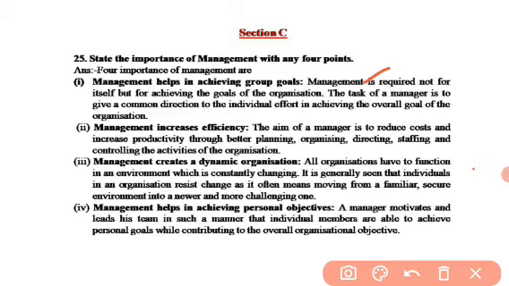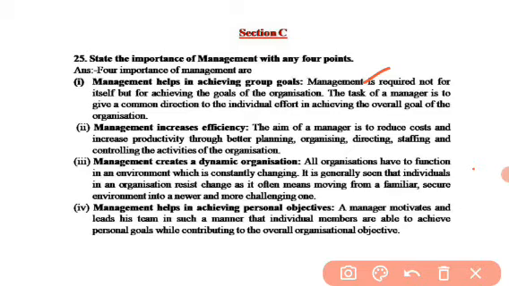And management helps in achieving personal objectives. The management goal is to reach the objective of the organization, but not only that, it also focuses on the individual objectives of the persons.